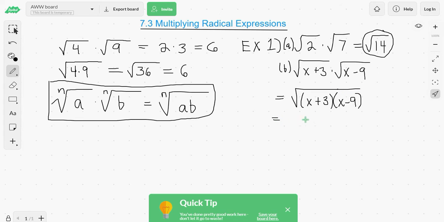Now we just end up getting the square root of x squared minus 9x plus 3x, that's minus 6x minus 27. So I guess there's no real difference between these two forms. You could have it either way.